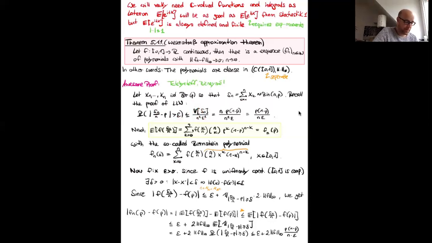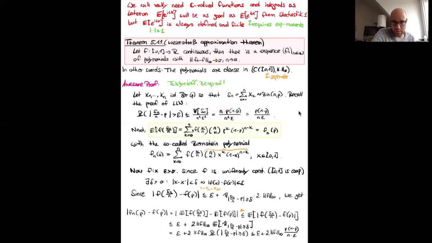That's Chebyshev. So now the point is, this I can compute. The variance of the sum is nothing but the sum of the variances, BNMA, since they're independent. And since they're identically distributed, it's the variance of each of them times n. So it's n times the variance of a Bernoulli random variable.